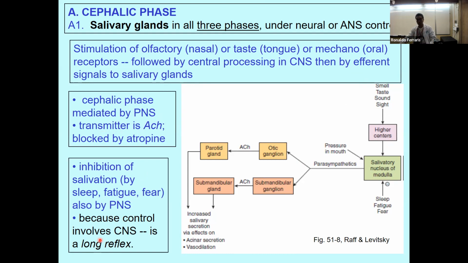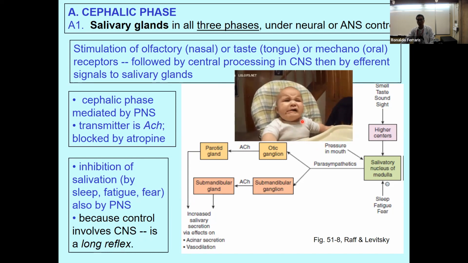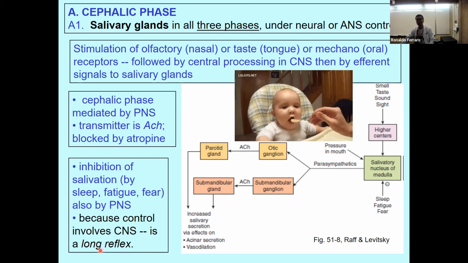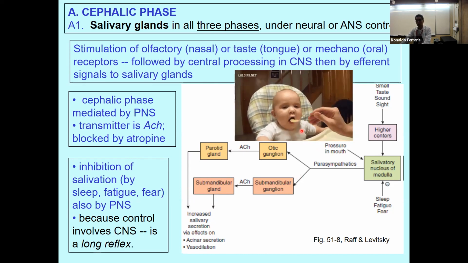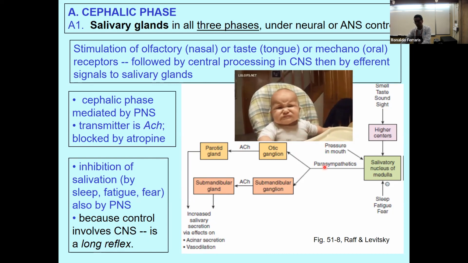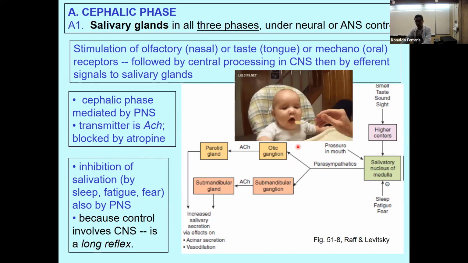So these are long reflexes. So this baby, when given that food, is actually using long reflexes to react to the food that he or she was given. Probably not very well tasting.